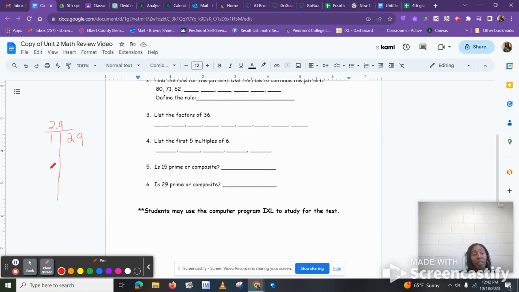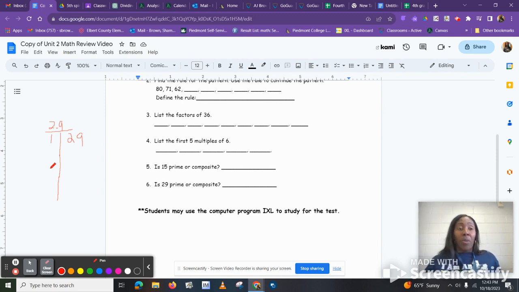What about 7? Well, 7 times 4 is 28. And then if I go 7 times 5, that's going to be 35. So 7 is not. What about 8? There's nothing I can multiply by 8 that's going to give me 29.